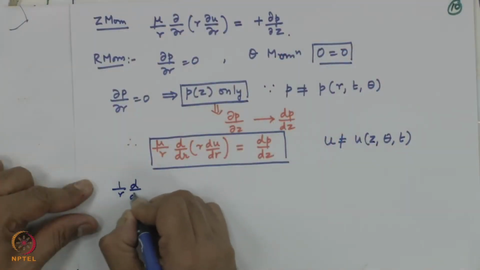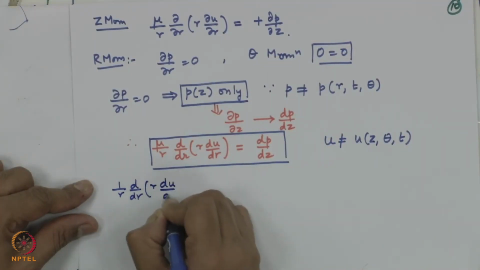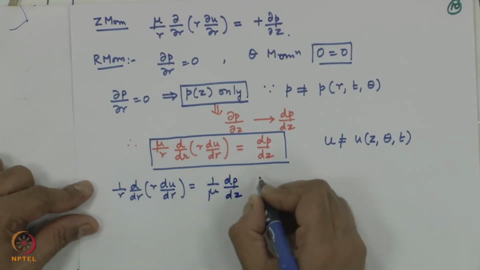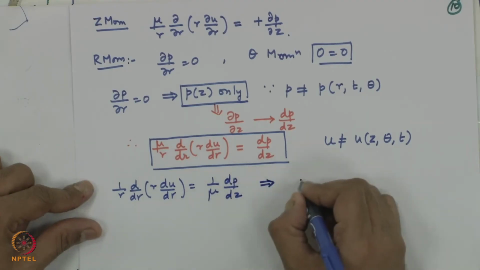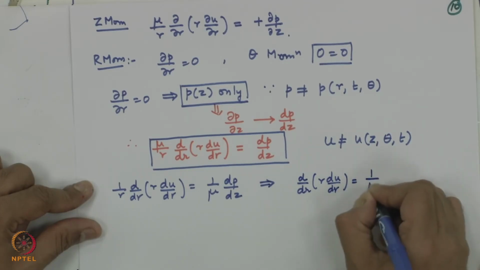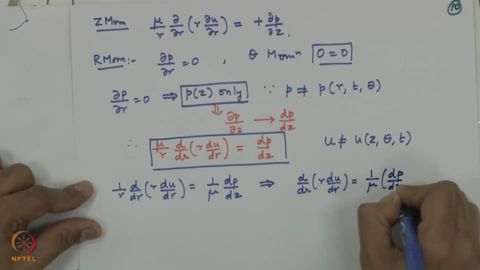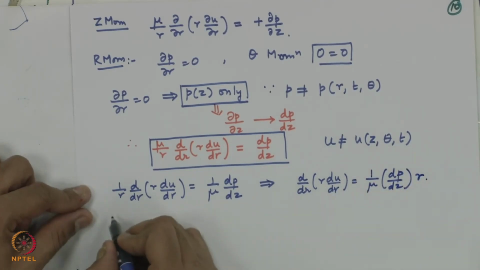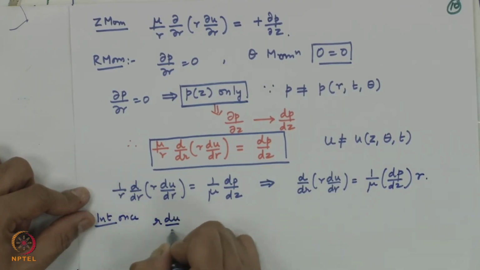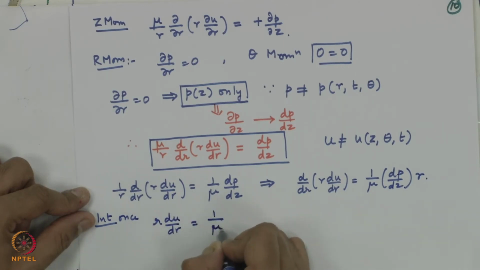So, now our job is to integrate this. 1 by r d by dr of r du by dr is equal to 1 by mu dp by dz, which means d by dr of r du by dr is equal to 1 by mu dp by dz into r. So, first integration gives me r du by dr is equal to 1 by mu.